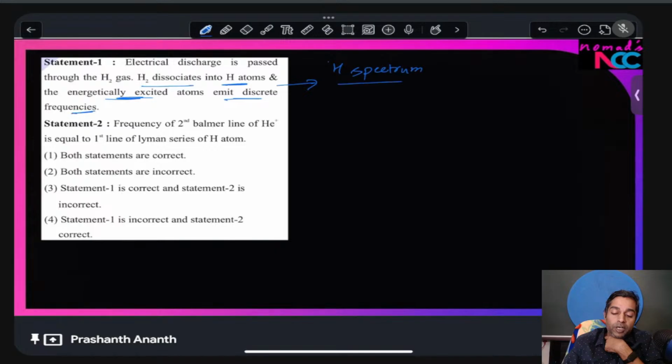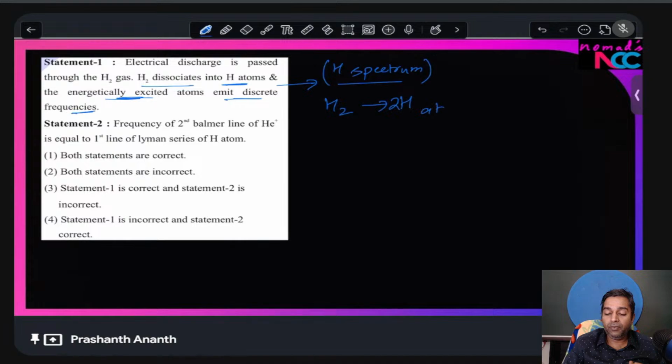Alright, so what is going to be happening? Some of the energy is going to be used to break the hydrogen molecule into hydrogen atoms. And then these atoms gain extra energy to become excited atoms. This is going to be ground state atoms, then they become excited state atoms.